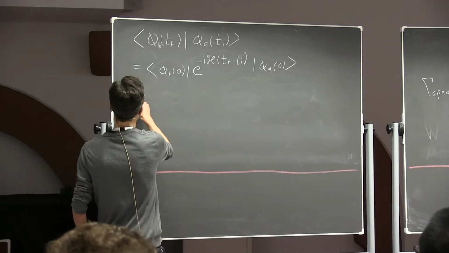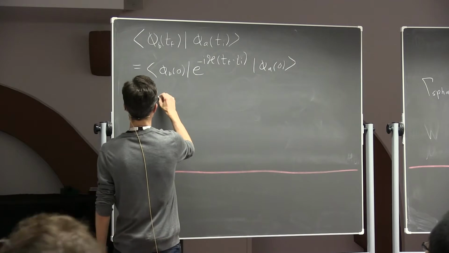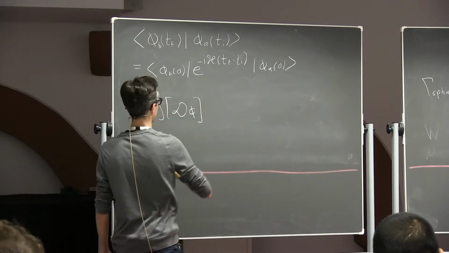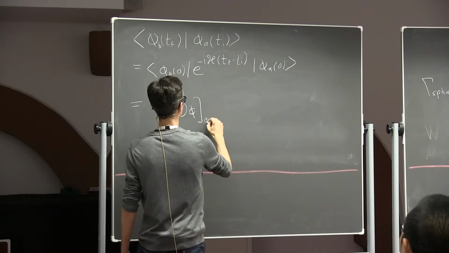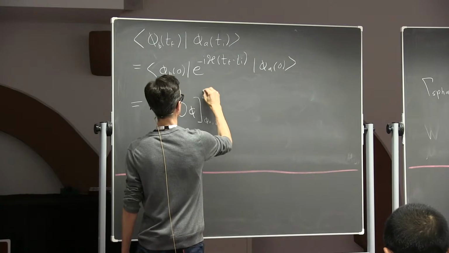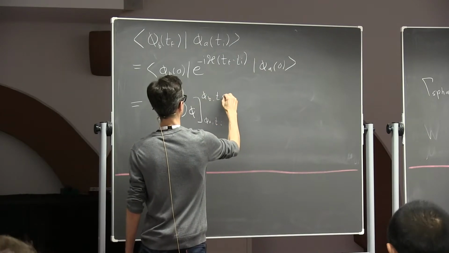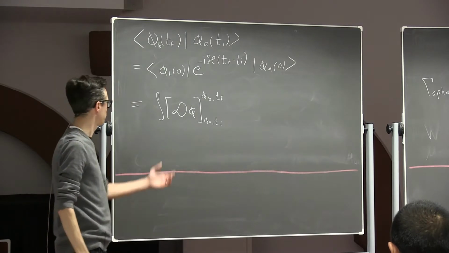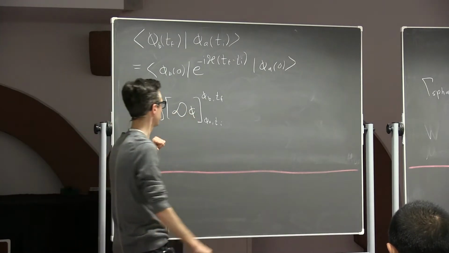What you get at the end of the day is a path integral, which is the sum over all phi configurations such that I have phi A at Ti and phi B at Tf. These are my boundary conditions on the set of configurations I sum over.